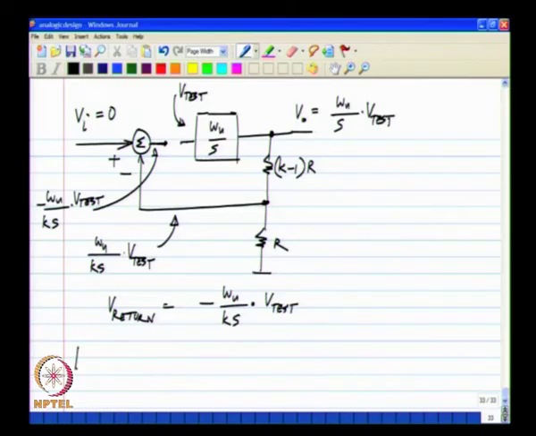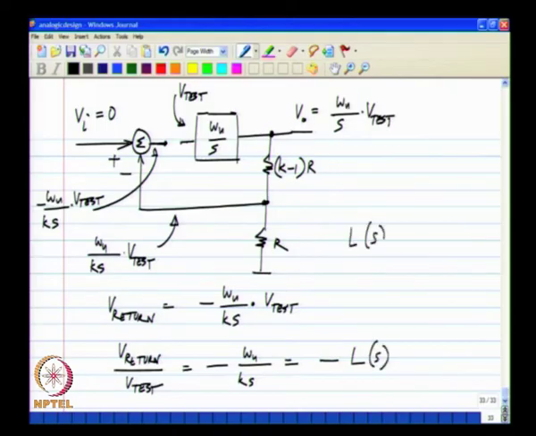Or I can define the loop gain. The ratio V return by V test is minus omega u by K s, and I will define this to be minus L, where L is the loop gain.